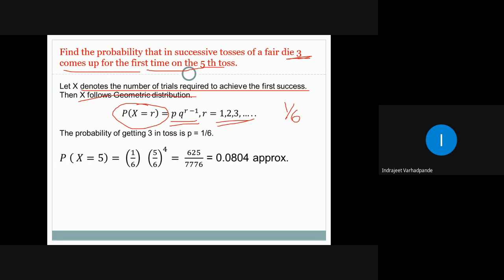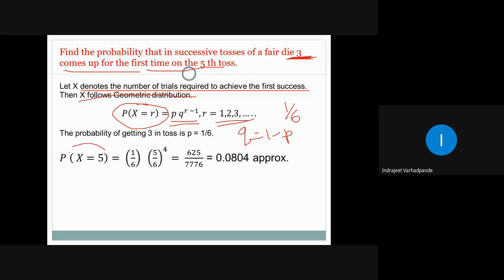Whenever the die is thrown, the other numbers will be treated as a failure, because we will not be requiring that particular number in our result. We want only the number 3 in our result, and the probability of that number is 1 by 6. So the remaining probability q will be 1 minus p, and 1 minus 1 by 6 is 5 by 6.